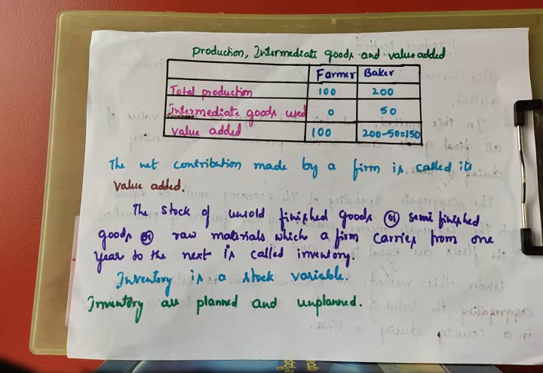Don't forget, here we can see two kinds of producers in the economy: wheat producers, called farmers, and bread makers, the bakers. The wheat producers grow wheat and do not need any input other than human labor. They are using only labor, not using any raw materials or inputs.